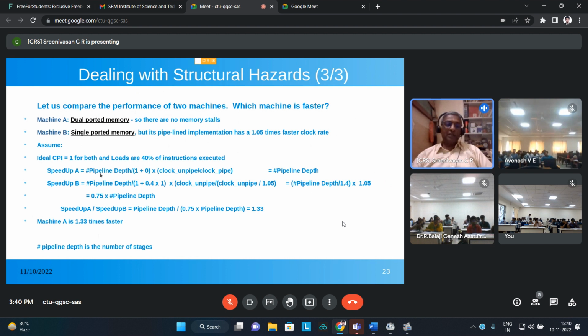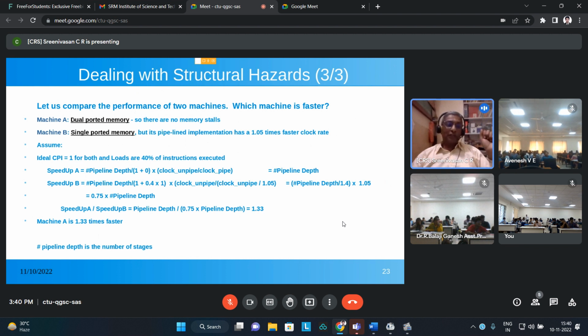Then you need to identify the pipeline depth, which I defined initially, right? You need to have the same set of pipelines of the same length and depth, whether you have a 5-stage pipeline, 7-stage pipeline, etc. If you compare these two, the dual-ported memory with the slower clock rate of the microprocessor has no stalls, and it is much faster.